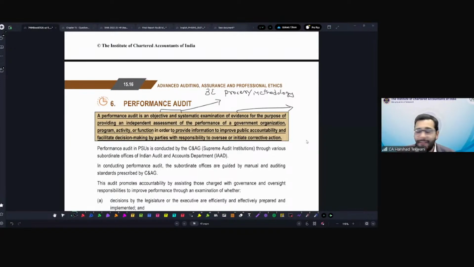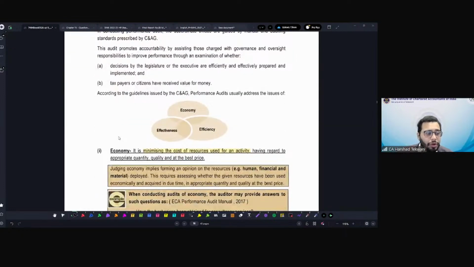Evidence, we saw the evidence, photographs, everything was there as a part of evidence, to do an independent assessment of the performance of the government organization, activity, function, or program. That is what we saw. Again, as I told you, economy, effectiveness, and efficiency. Economy is minimizing the cost of the resources used for the activity.